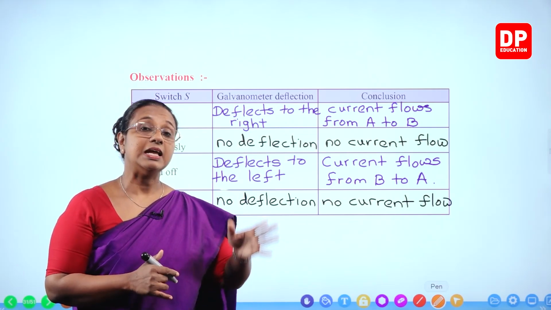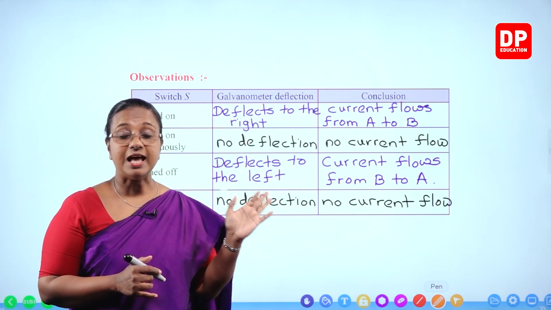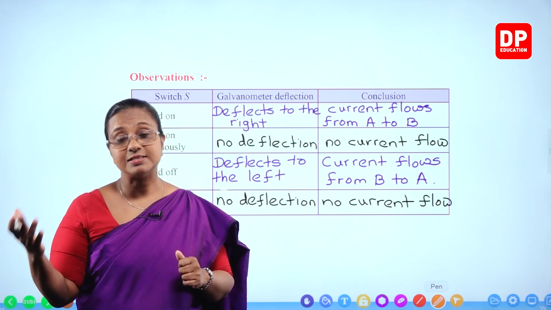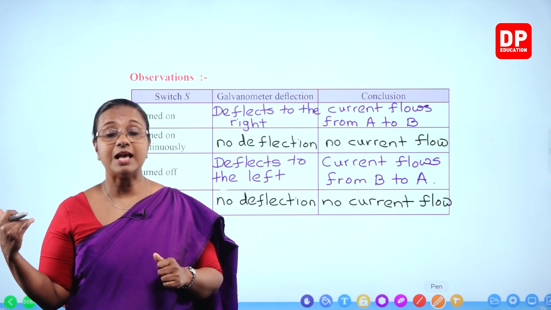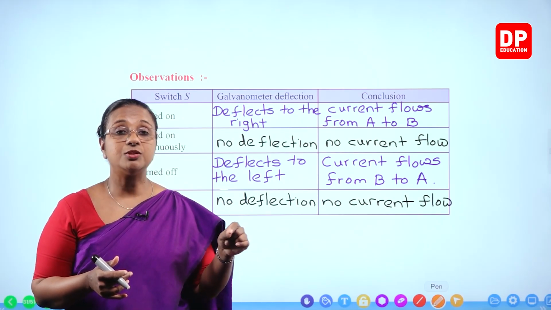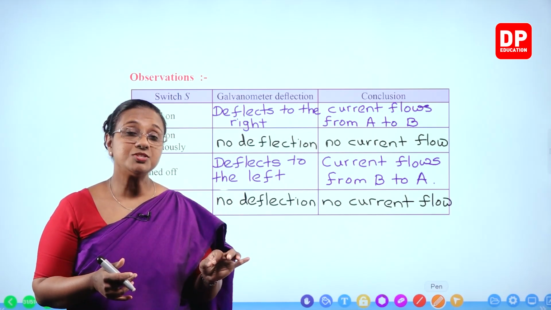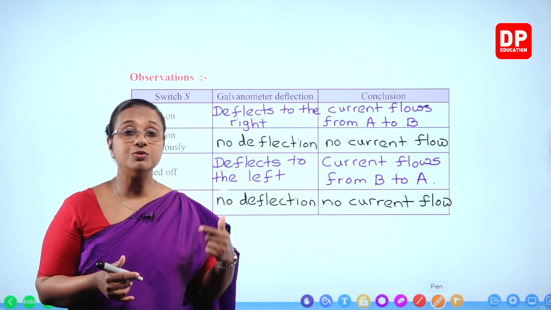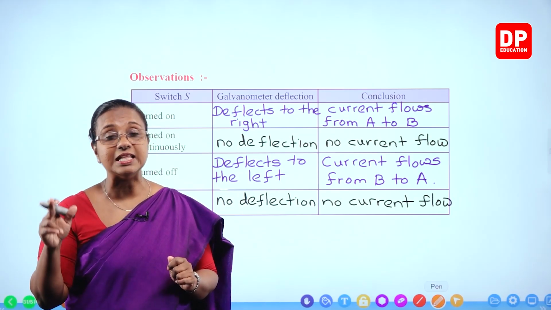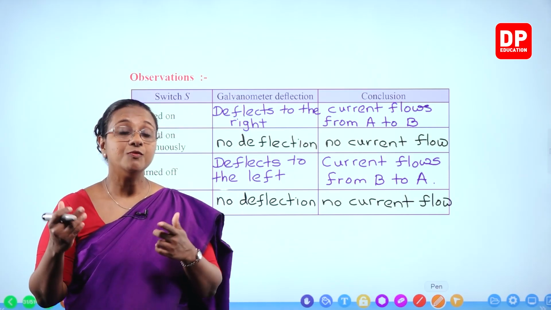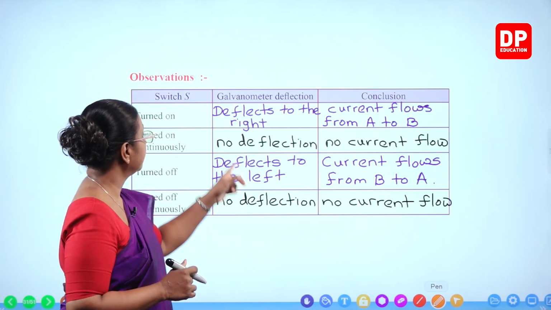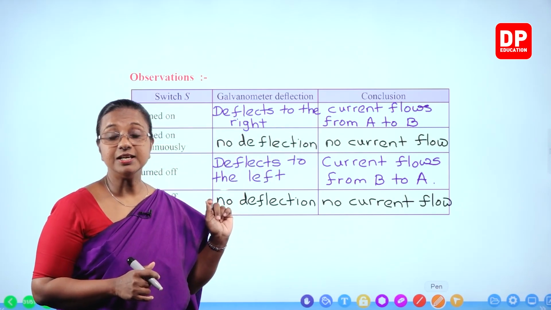You can remember that in the activity, the first coil is connected to the batteries, whereas the second coil is connected to the galvanometer. So as I turn on the switch, there is current flowing through the first coil. Because of that, there is a magnetic field induced in the first coil. That induces another magnetic field in the second coil, which again induces a current flow. Due to that current flow only, you see the deflection in the galvanometer.